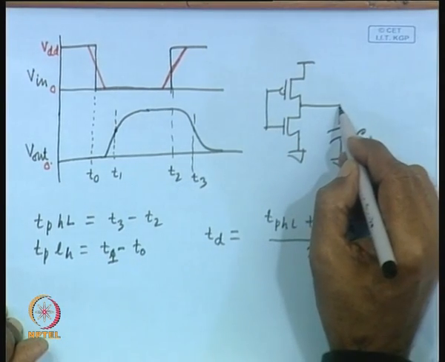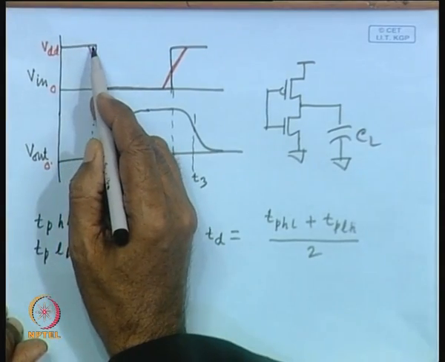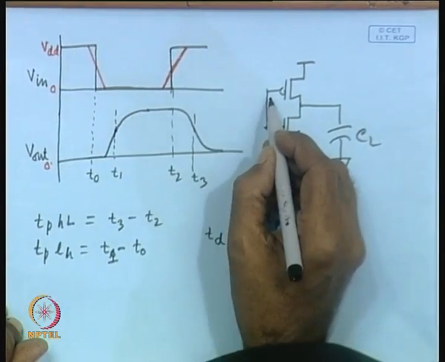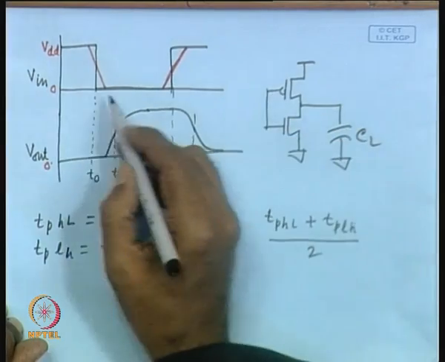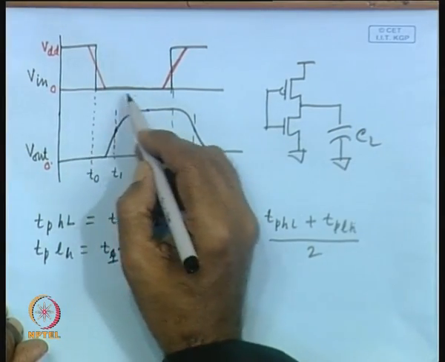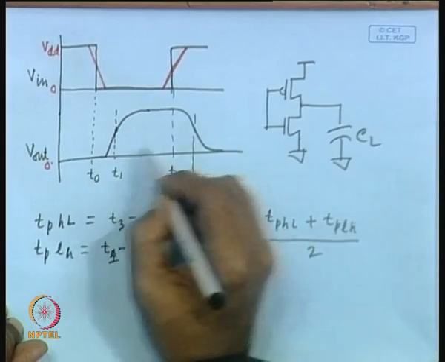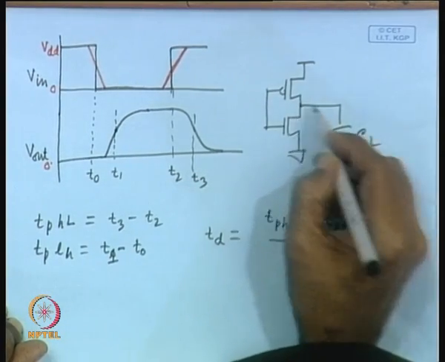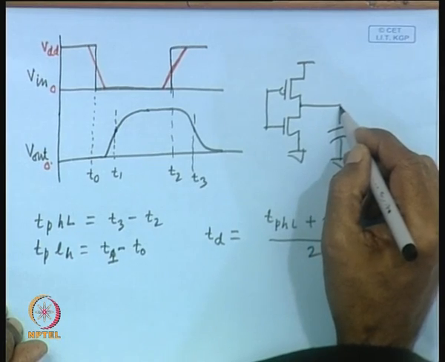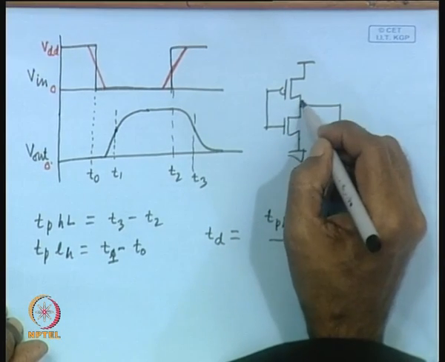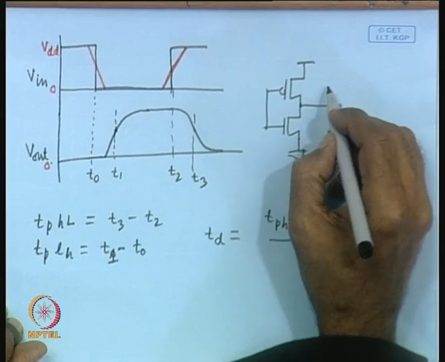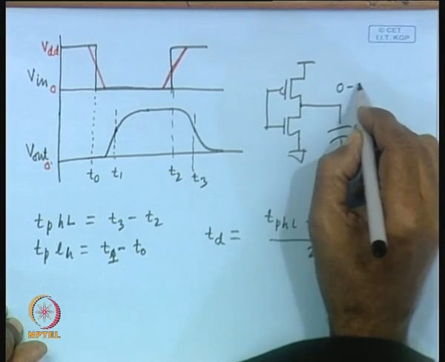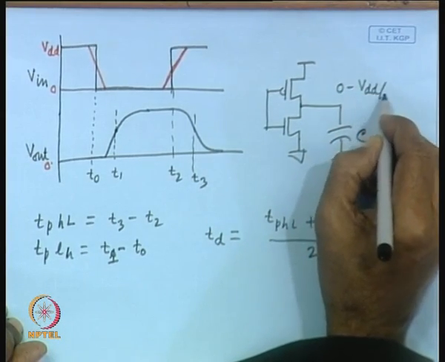When it is output, when the input is VDD. So, input VDD is applied here, and the output has switched to 0. That means most of the time the input is varying from 0 to VDD, and the output is changing from 0 to VDD. That means the voltage across this device is varying from 0 to VDD by 2.